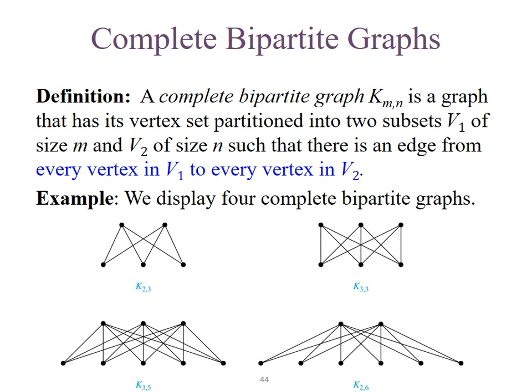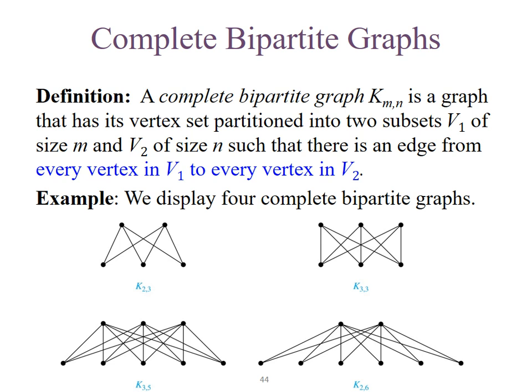All right, next let's see another definition, the complete bipartite graph. We use the notation K_{M,N}. M and N mean the number of vertices in the disjoint sets V1 and V2. We have M vertices for V1 and N vertices for V2.